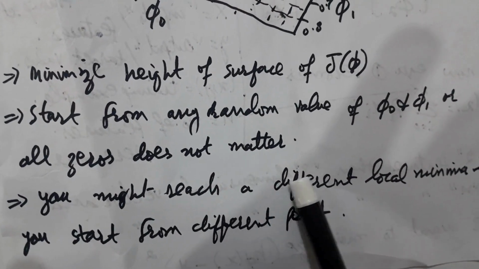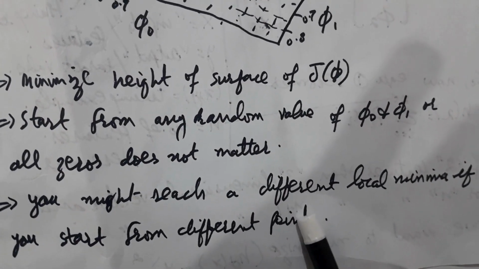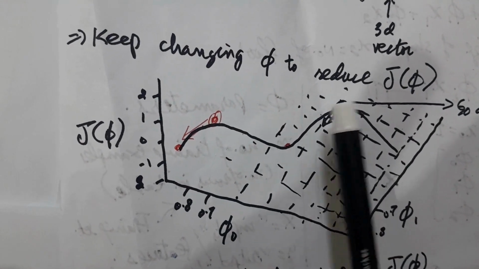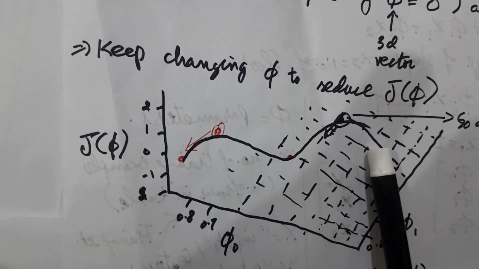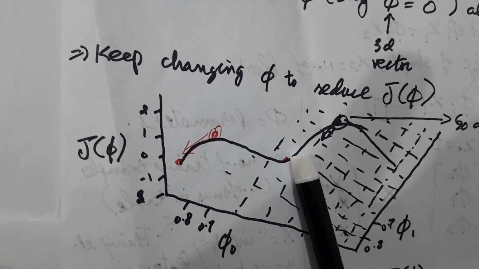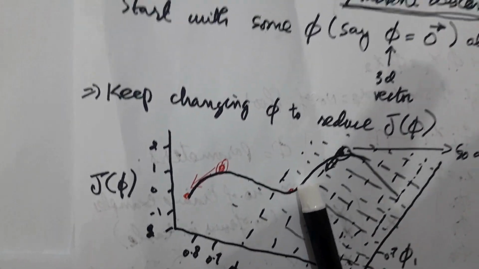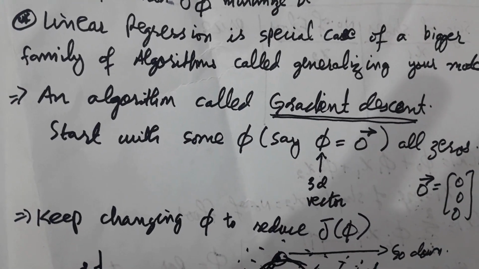You might reach a different local minima if you start from a different point. That will be the local minima if you start from that point, and that will be the local minima if you start from that point. So it doesn't matter where you start, you have to reach the local minima. That was the target of gradient descent. Next video we'll start from here.